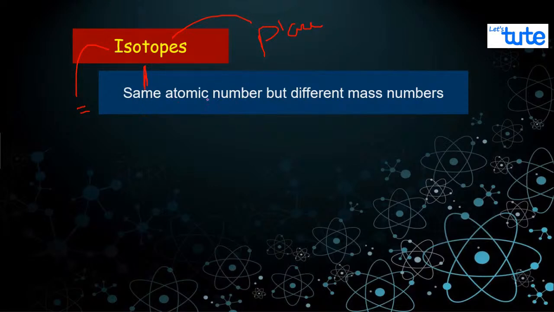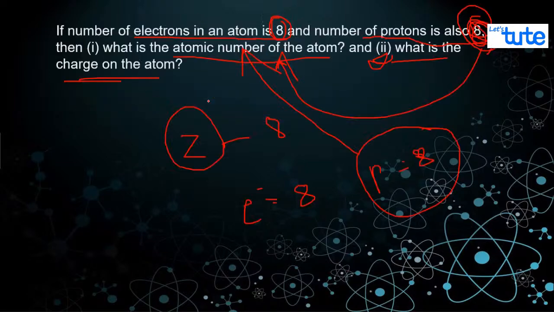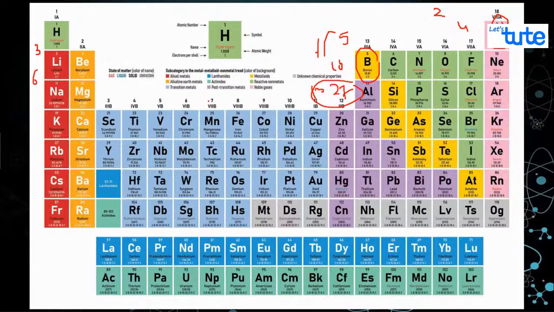Same atomic number means they have the same number of protons. Their place in the periodic table is the same, so therefore they are known as isotopes. There's a whole history behind making this periodic table, and the one you're looking at is the modern periodic table.